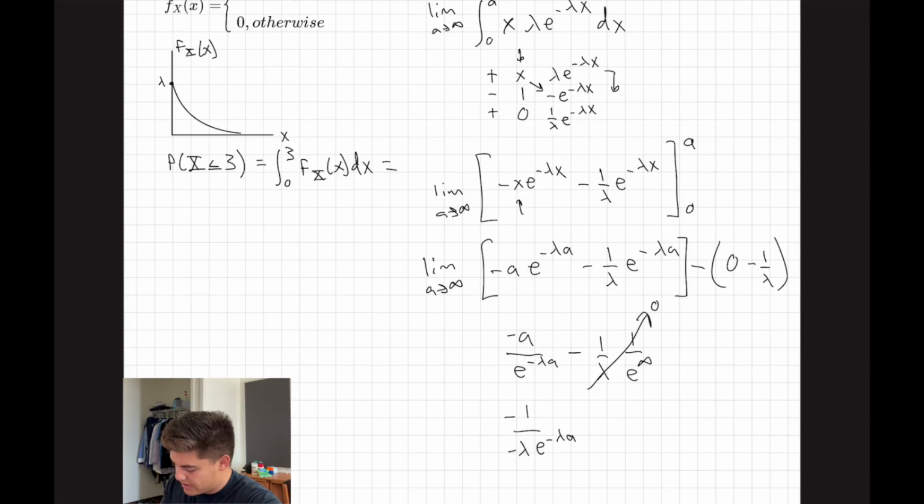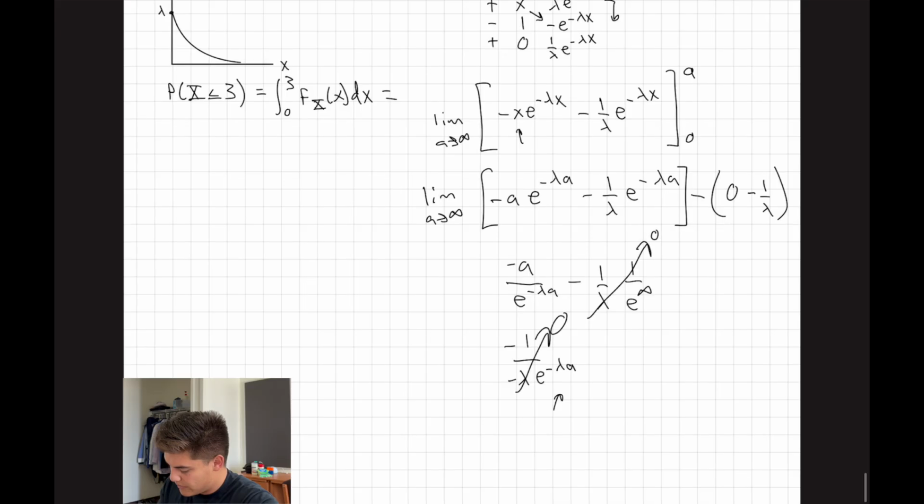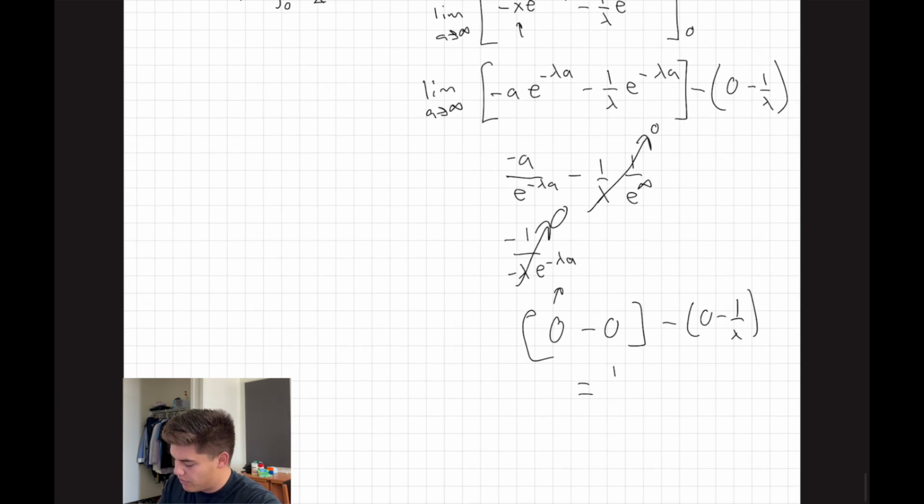And this term, since a goes to infinity, is going to 0. So we have 0 minus 0 minus 1 over lambda. And this whole thing evaluates to 1 over lambda.